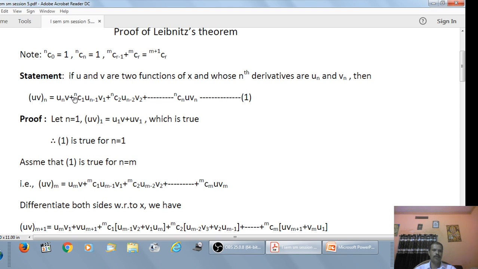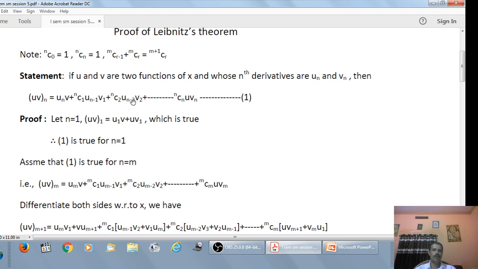here n is 1, 1c1. Since the superscript and subscripts are same, the combination is 1. 1 into, here n is 1, 1 minus 1, 0, u0. u0 means no derivative of this function. That means the original function u into v1. If n is equal to 1, 1c2, here n is 1, 1 minus 2, u minus 1.